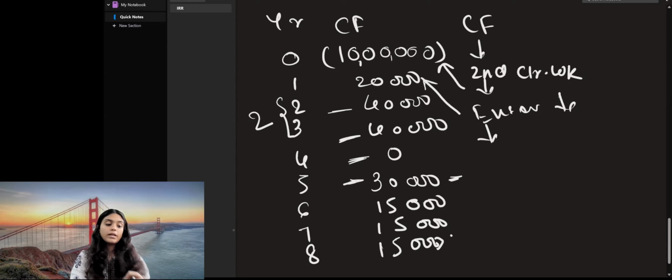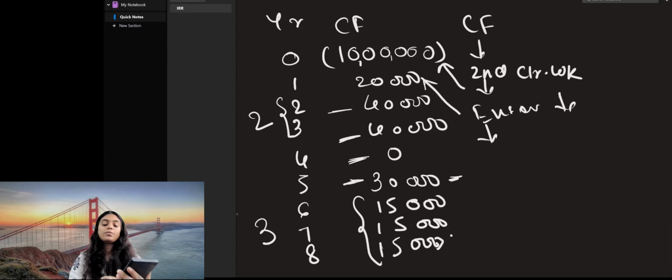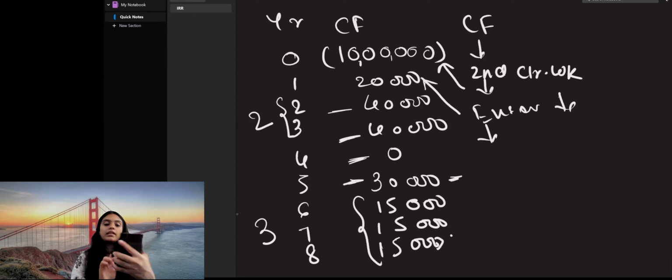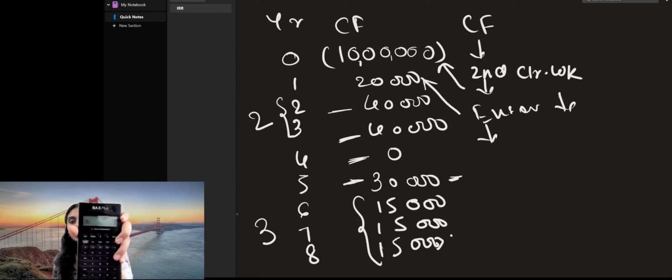So enter, down button. Now you have got C05. But see, you are getting 15,000 for 3 consecutive years. So you will put 15,000 first, then enter, down button. Now here you'll be getting F05, so there you'll put 3, enter, down button.